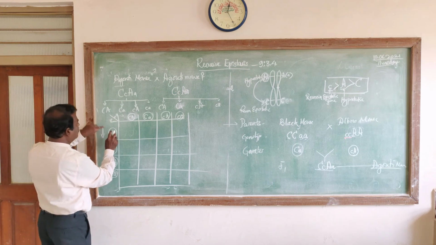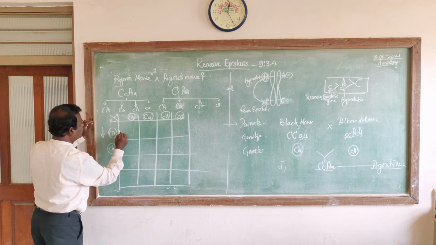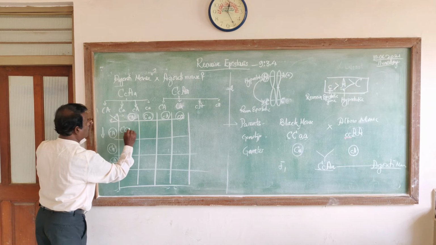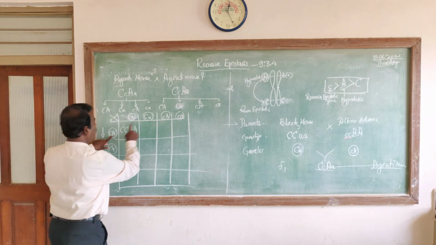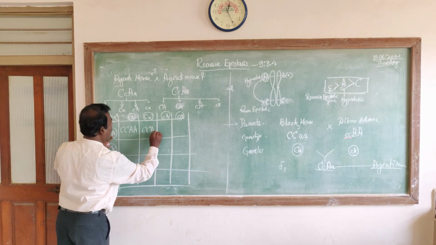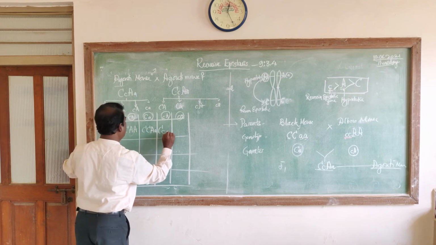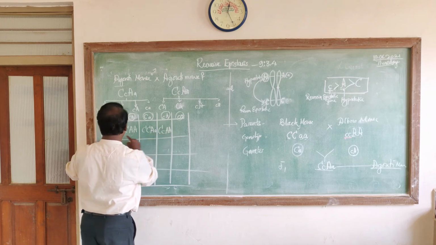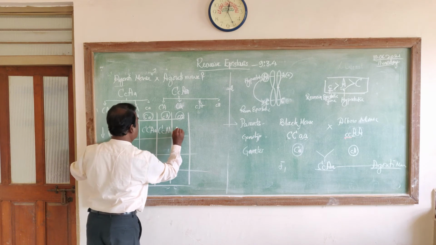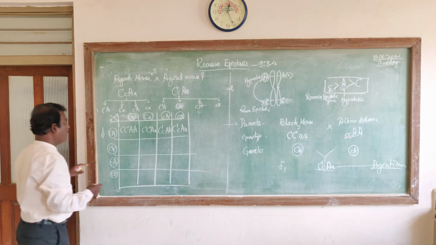And when this ovum unites with the sperm of this kind of genotype, that is capital C, capital C, capital A, capital A. This with this, when it comes, capital C, capital C, capital A, small a. When this comes with this, that is capital C, small c, capital A, capital A. When this with this, that is capital C, small c, capital A, small a. Okay.